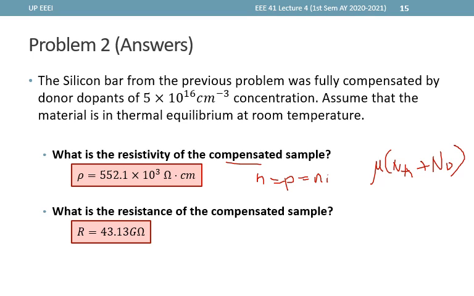So aside from n and p changing to ni, the mobility values also changed. For the resistance, the dimensions did not change, but since the resistivity changed, then the resistance must change as well. Resistivity increased, so the resistance must also increase for the same dimensions.